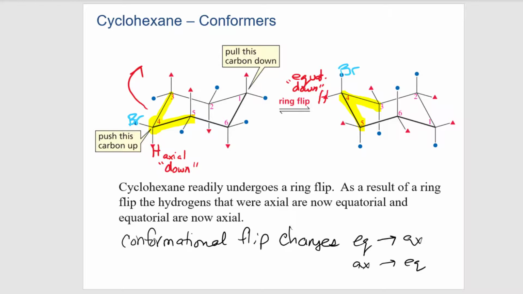When you have all of the groups axial, let's say that there was a hydrogen here and a hydrogen here. The larger the group, the more interaction it has with the other groups, in this case hydrogens, on that north face. So these are axial interactions. And the bigger the group, the bigger the interaction.